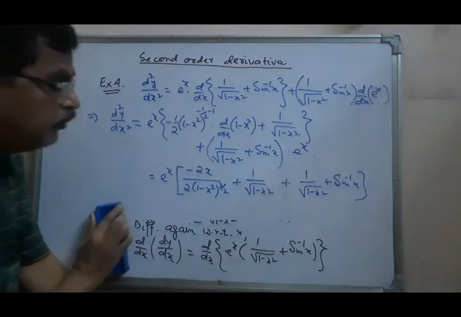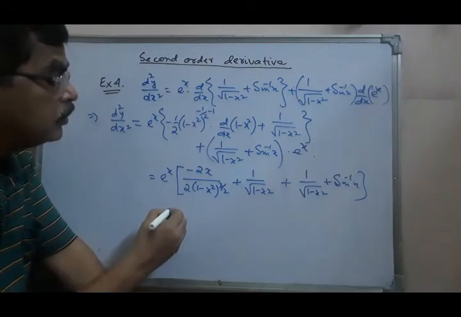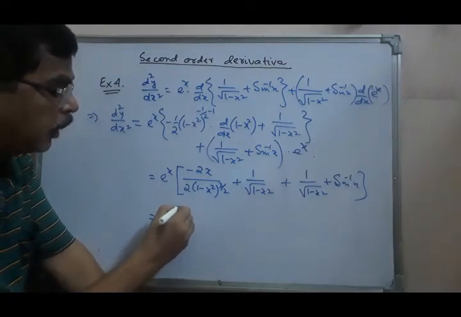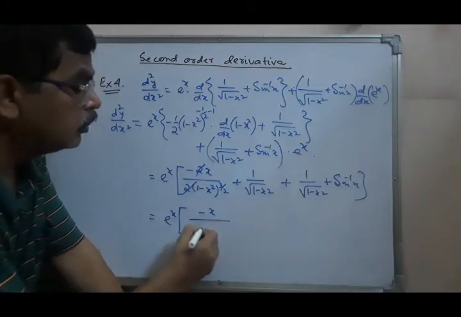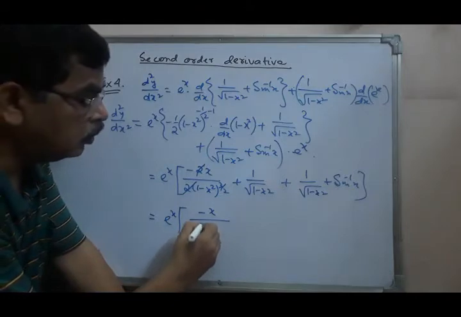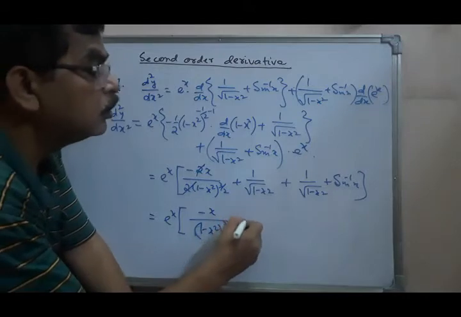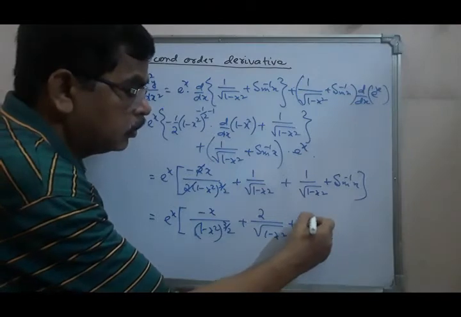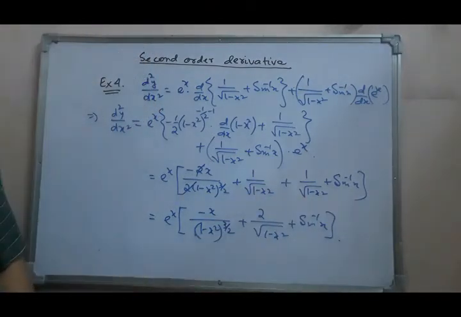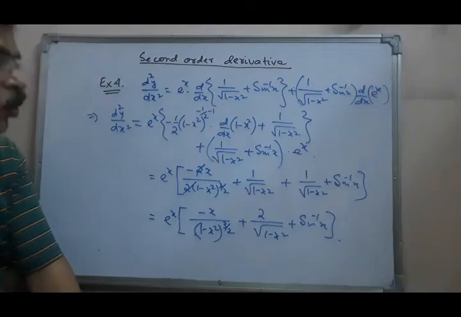So here we can simplify further, that is e to the power x, 2 and 2 get cancelled, minus x by 1 minus x square whole to the power 3 by 2 plus 2 by root over 1 minus x square plus sine inverse x. So this is the final answer. Here we can simplify further, but there is no need; you can do it or not.